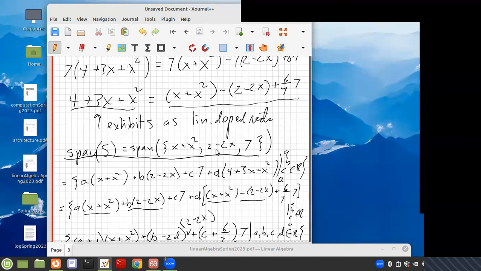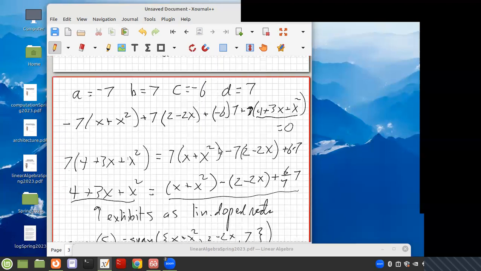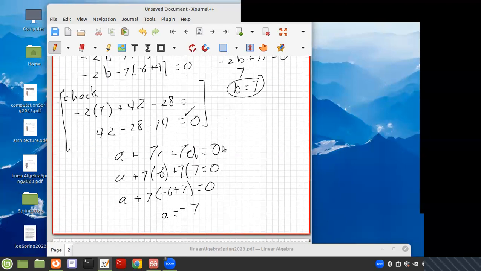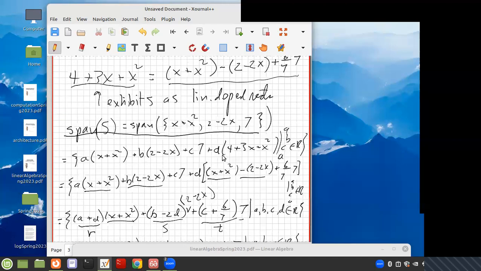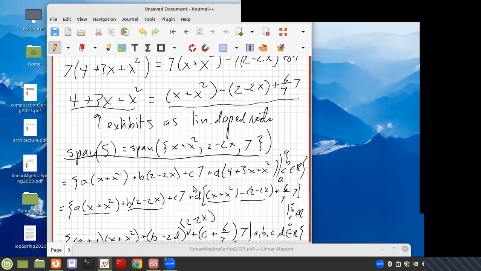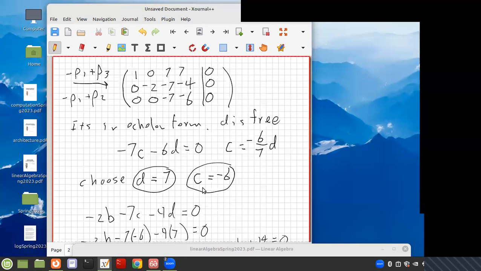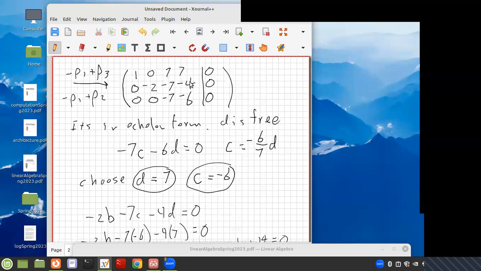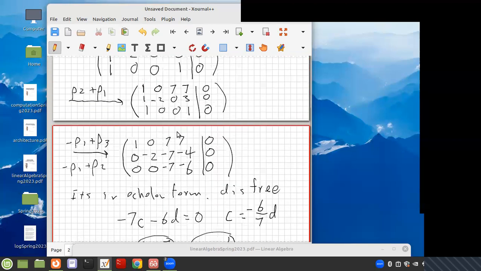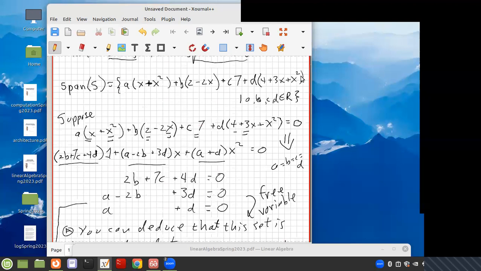Well, now I might have to verify that they are linearly independent. And I can go up here and see, if I wanted to check whether these 3 vectors were linearly independent, it would be the same thing as this one up here, where the D was all zeros. If I've gotten rid of this vector here, that's the same thing as saying D here is 0.